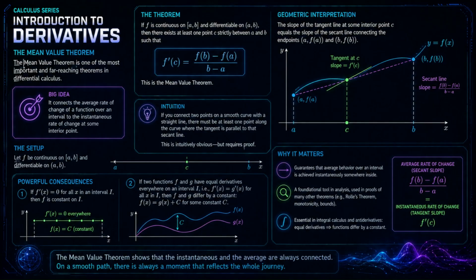In other words, the slope of the tangent line at some interior point c equals the slope of the secant line connecting the endpoints a, f of a and b, f of b. The geometric interpretation is vivid.